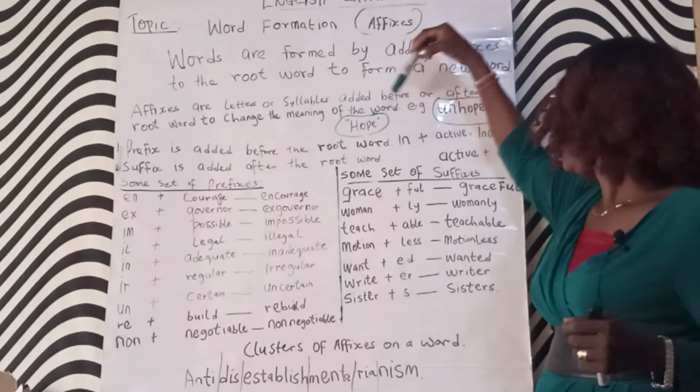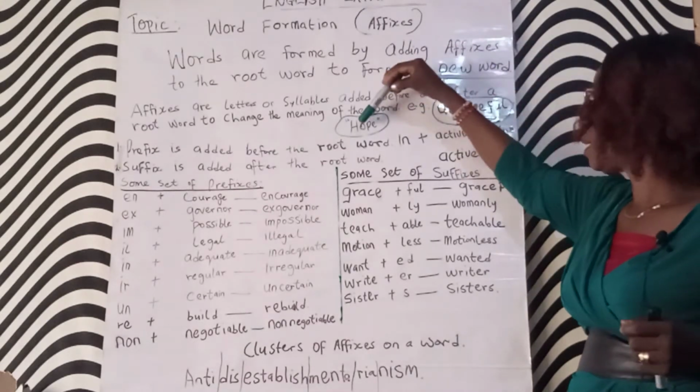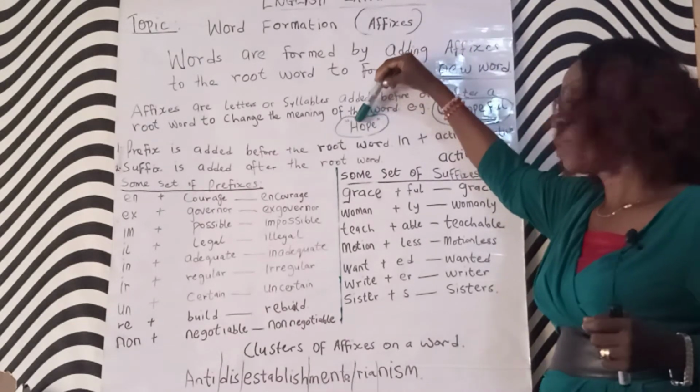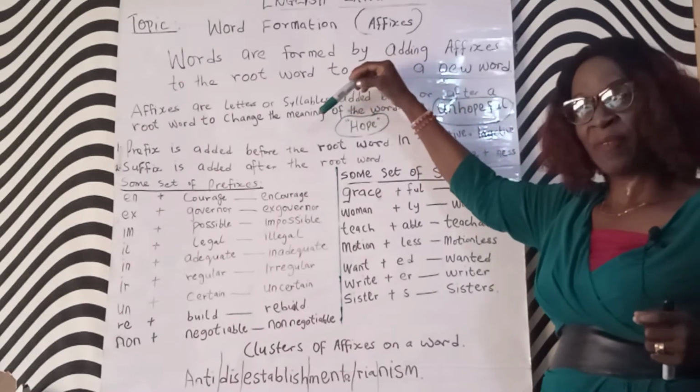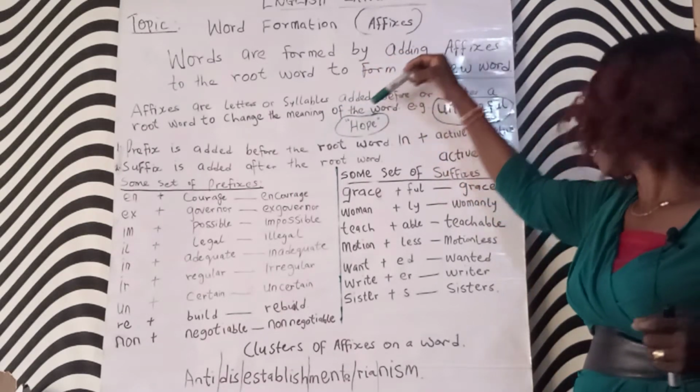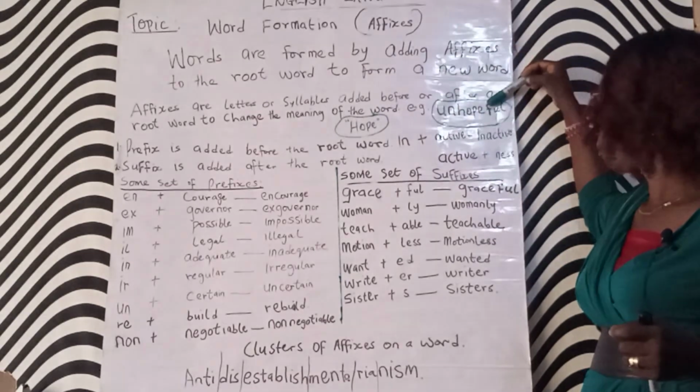The root word in this word unhopeful is hope. Hope is the main word. And then when you add affixes to hope, you have unhopeful.